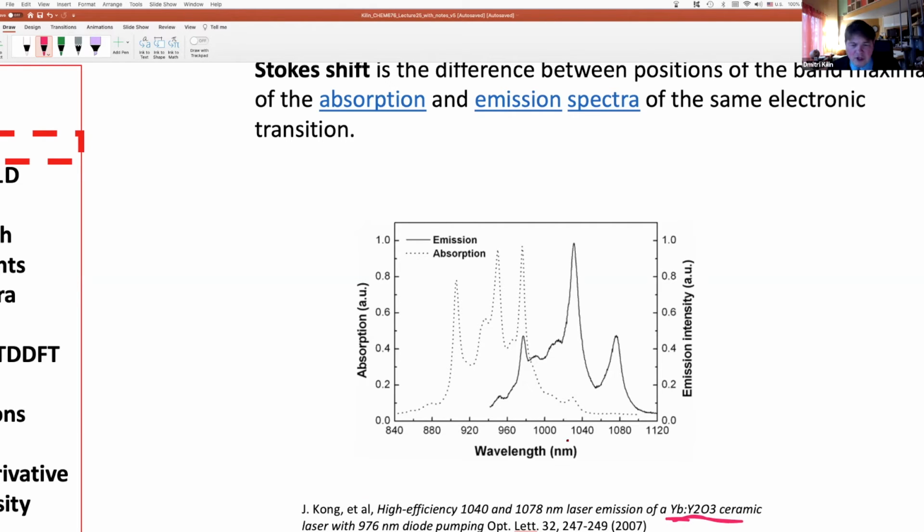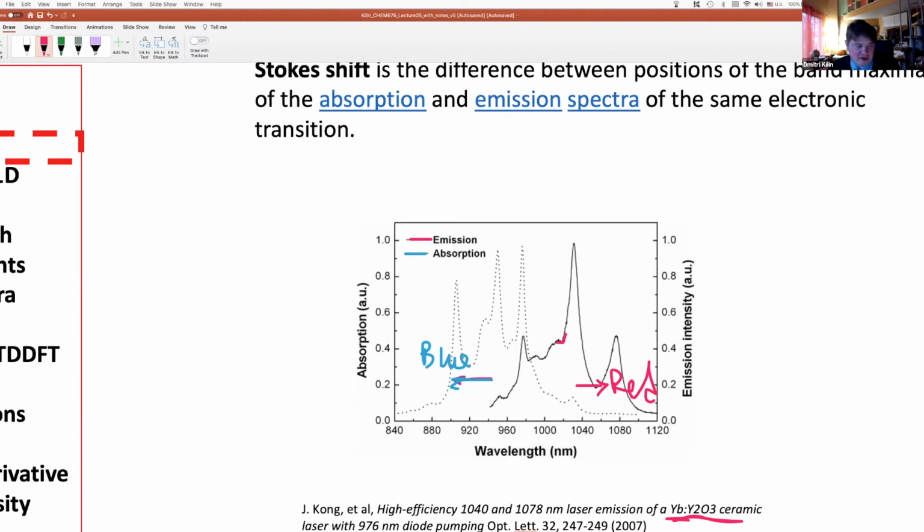For absorption, it's typically more than one peak, but it's shifted more to the blue part of the spectrum. So absorption is more shifted to the blue, and emission is shifted to the red.